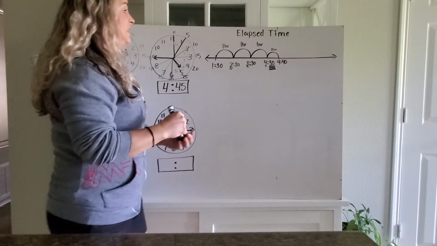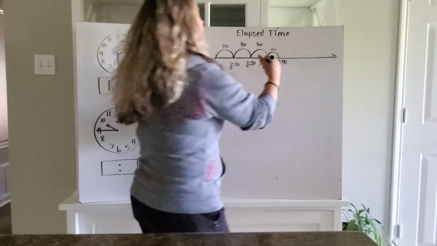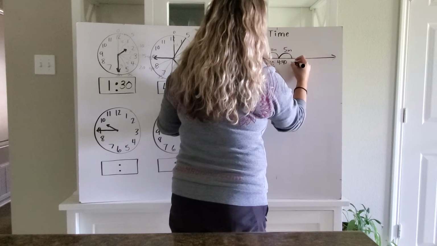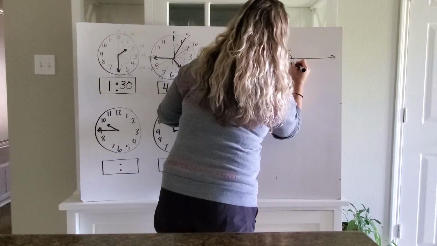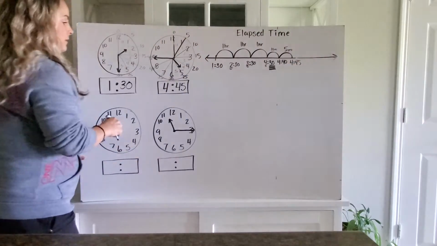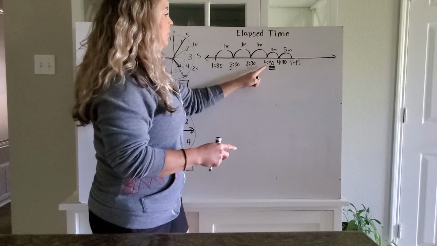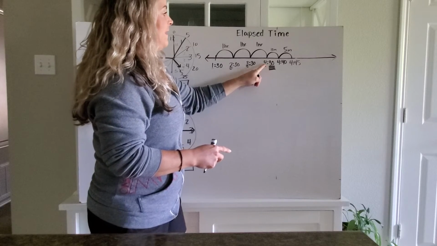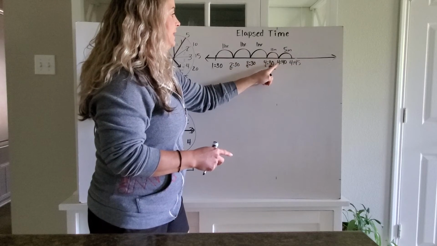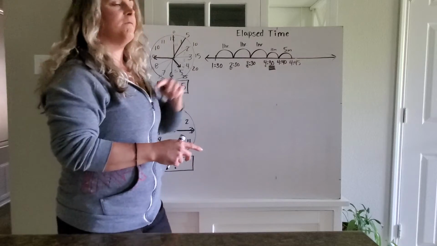And then to get to 4:45, I only need 5 more minutes. Oh, my board is moving. There we go. So I started at 1:30, jumped 3 hours, which put me at 4:30. And then I just needed to add on a couple minutes. So 10 minutes got me to 4:40, and then 5 more minutes got me right smack dab on that 4:45.